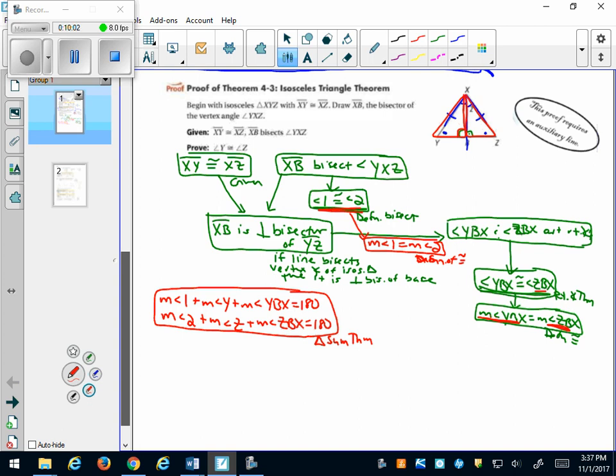Okay, so since we have, sorry, I know this is very long, since we have these two things both equal to 180 degrees, we can rewrite them as being equal to each other. Measure of angle 1 plus measure of angle Y plus measure of angle YBX equals the measure of angle 2 plus the measure of angle Z plus the measure of angle ZBX. They equal each other.